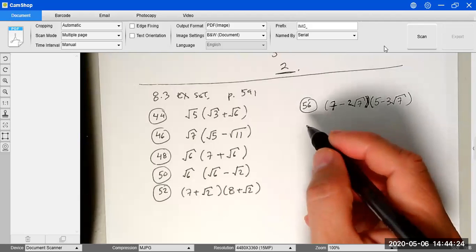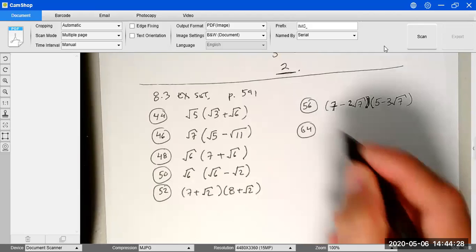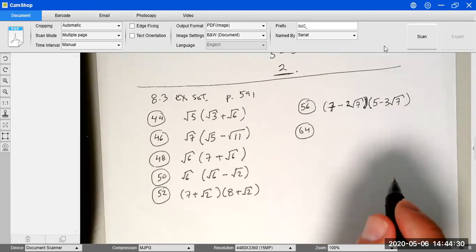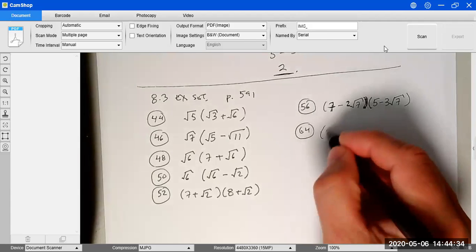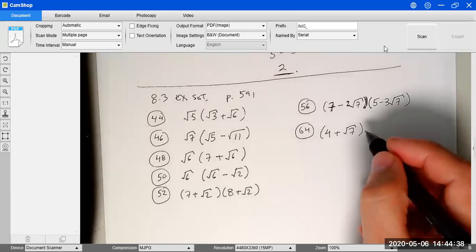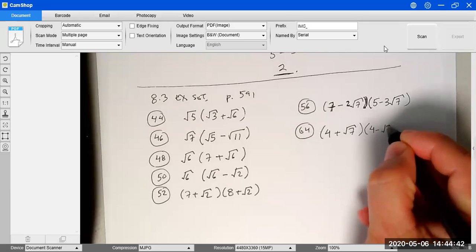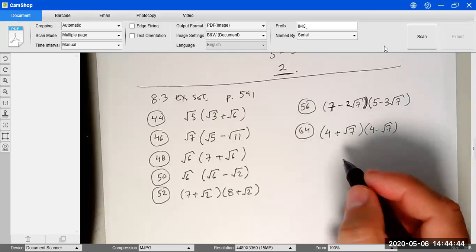Then we have 64. 64 is 4 plus radical 7, multiplying 4 minus radical 7.